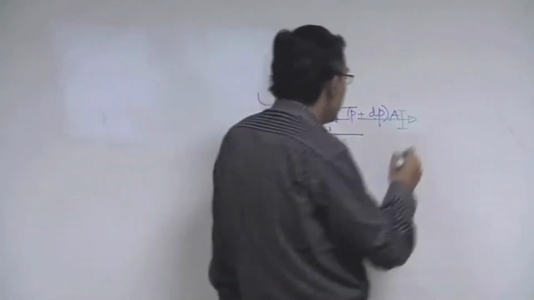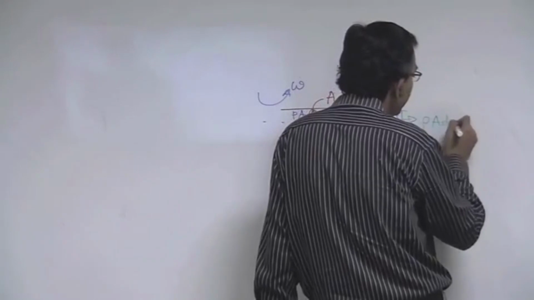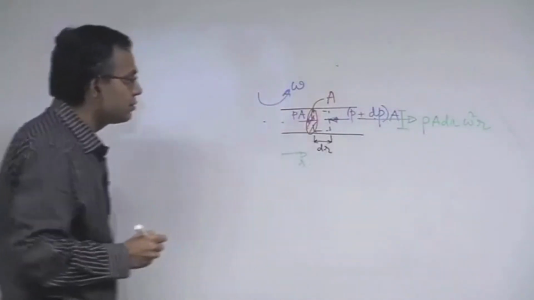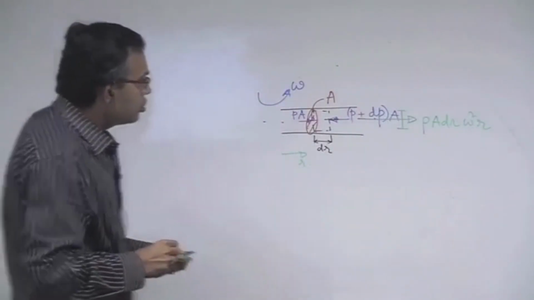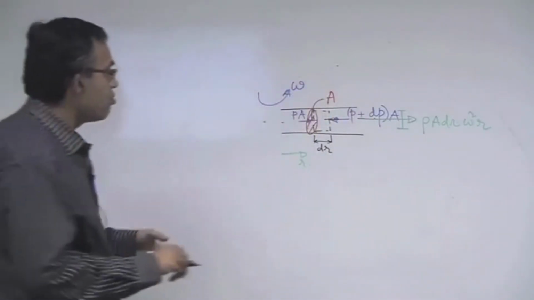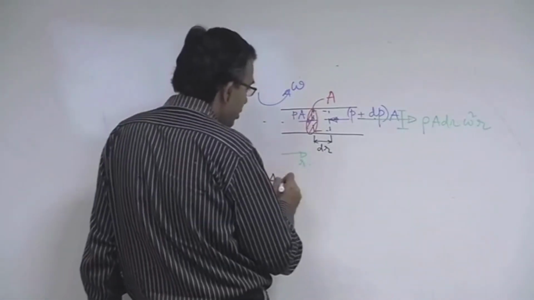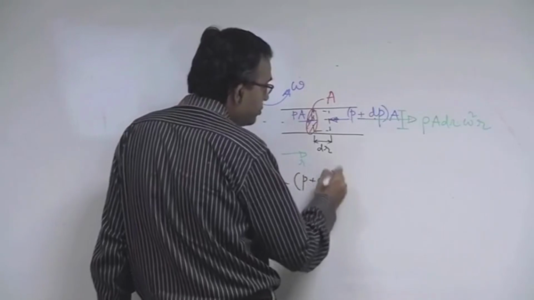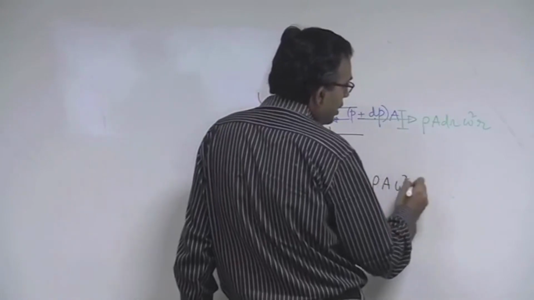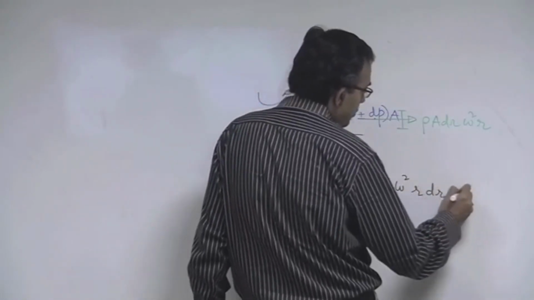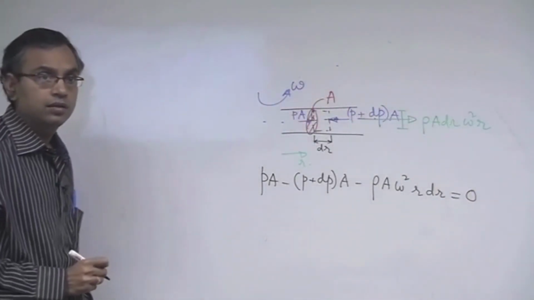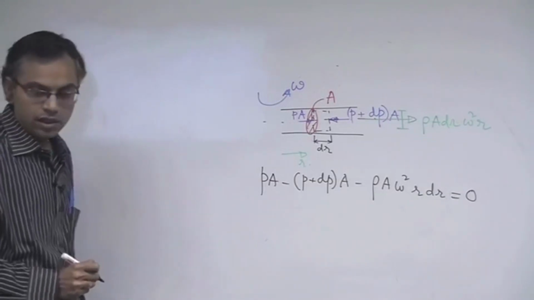So m is rho A dr into omega square r. So all these forces must be balanced, that means P into A minus (P plus dP) into A plus rho A omega square r dr is equal to 0.